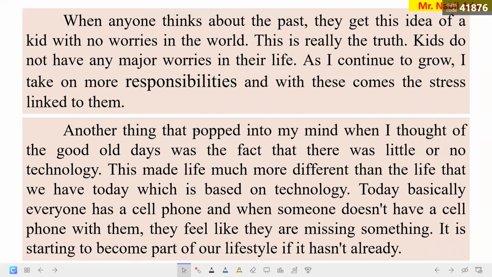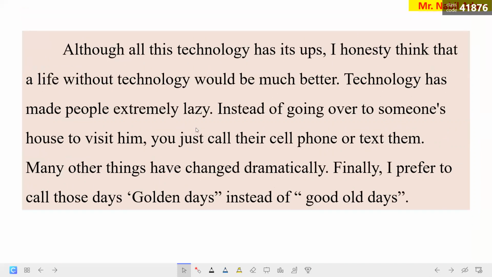This made life much more different than the life that we have today, which is based on technology. Today, basically, everyone has a cell phone, and when someone doesn't have a cell phone with them, they feel like they are missing something.